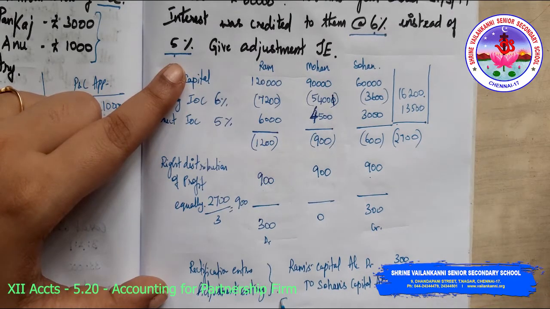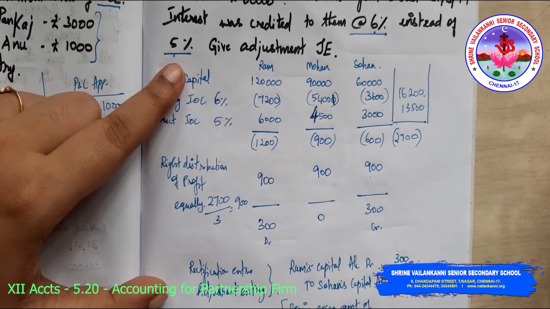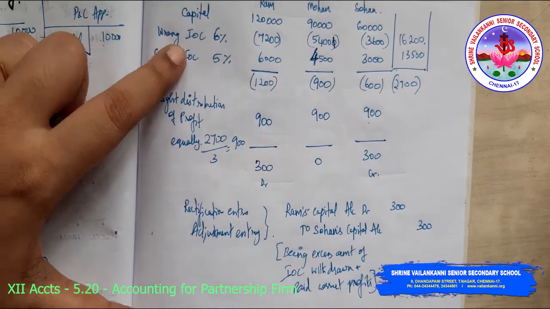So this is the being excess amount of interest on capital withdrawn and paid correct profits. Okay, so this will be the narration.